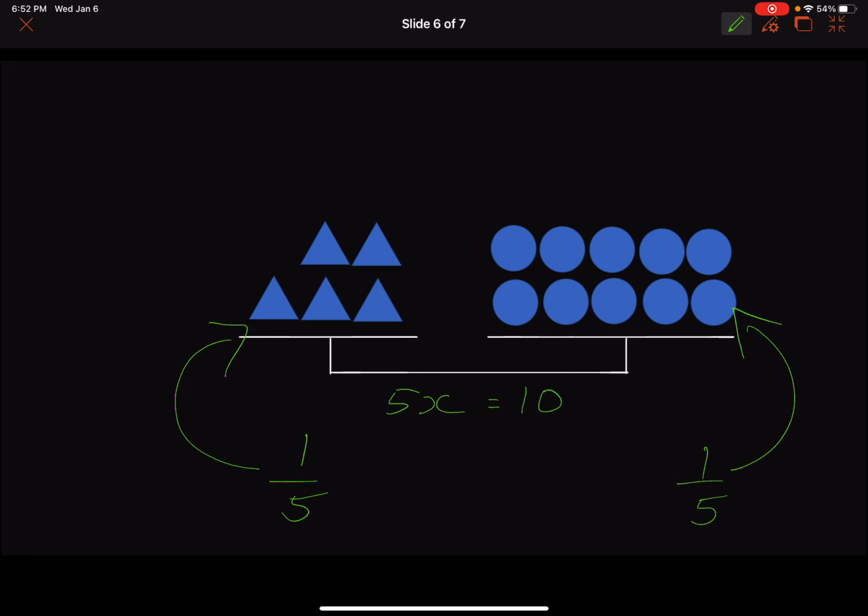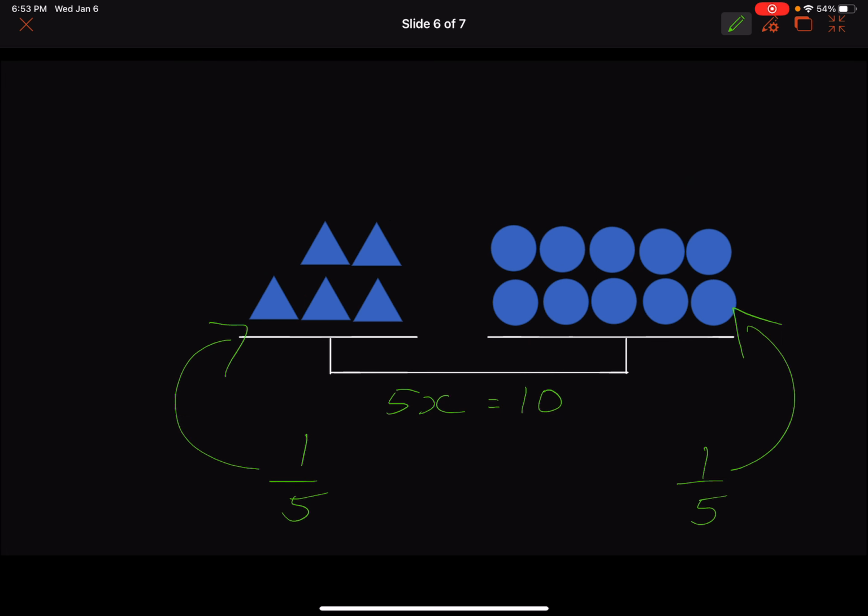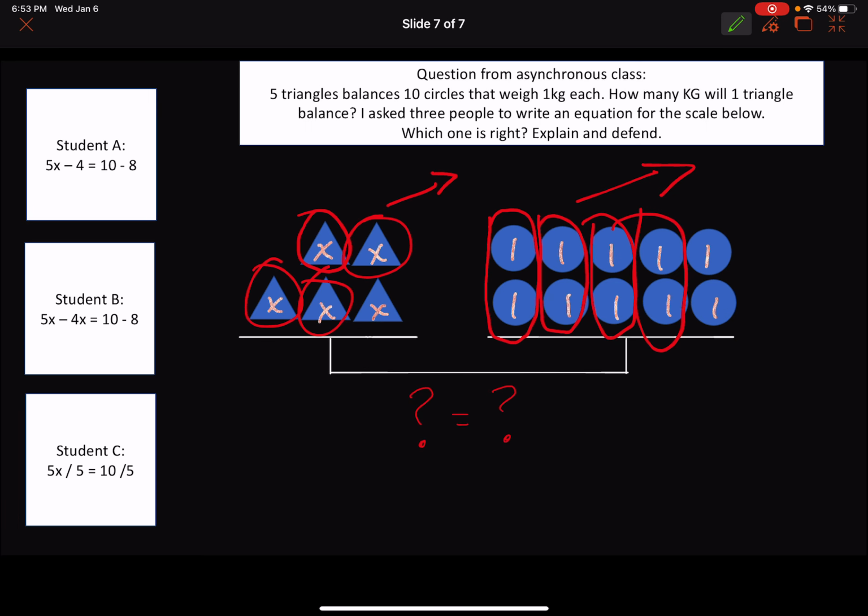Each student wrote a different equation, and that is going to be represented here. I want you to solve the original equation so you know what the answer for x is. And then I want you to answer this and be able to defend it.